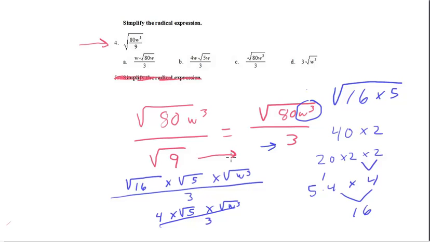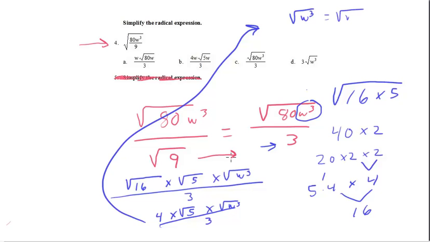And again, this w cubed, I'm going to bring that all the way up here. The square root of w cubed can be rewritten as the square root of w squared times the square root of w. The reason I did that is because we know the square root of anything squared is itself, which is w. So that leaves me with w times the square root of w. So I can keep that in mind just for a second.